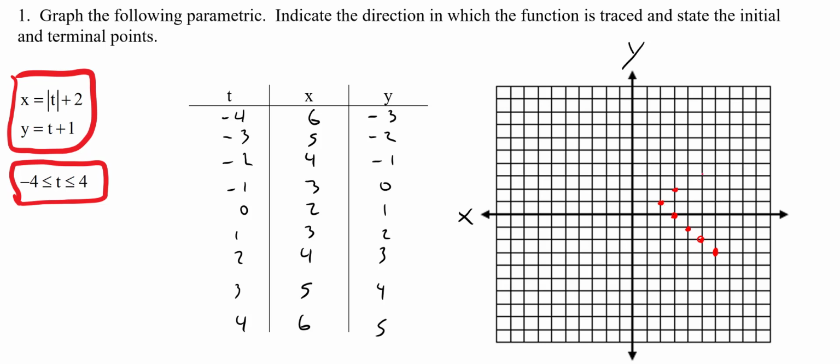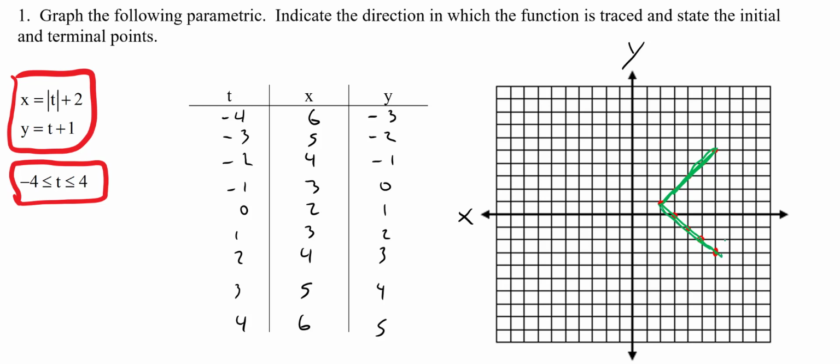So it goes back this way, and this way, and that way. Now let's actually graph it. We just graph the points. I'll make it a little darker here. All right, so this is our graph.